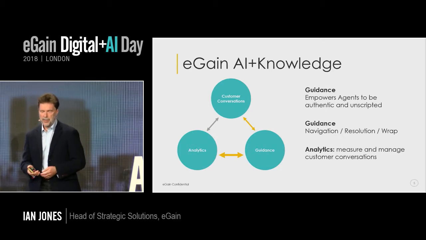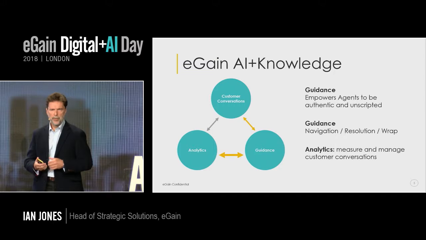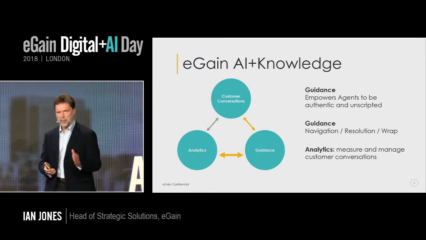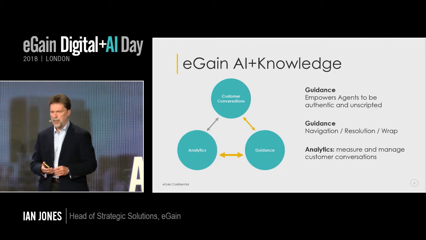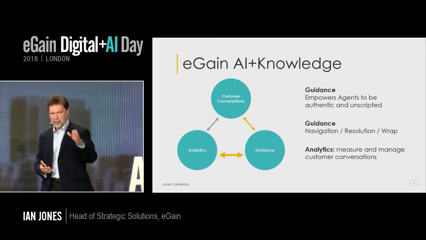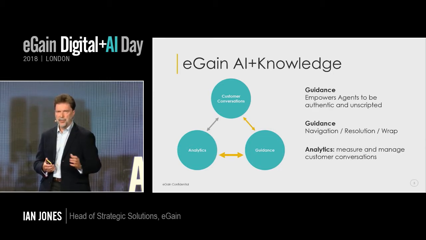The guidance is, as Chris has ably pointed out, not a script. We're trying to make sure people can sound authentic and unscripted, whilst at the same time having clear guidance about where they go. The guidance can help at all three stages of the interaction: the navigation, the resolution, the wrap.